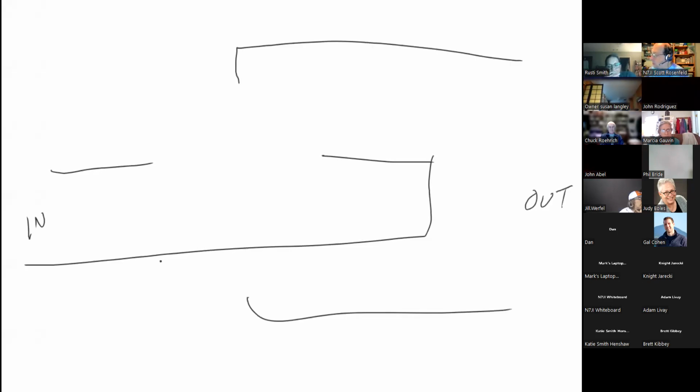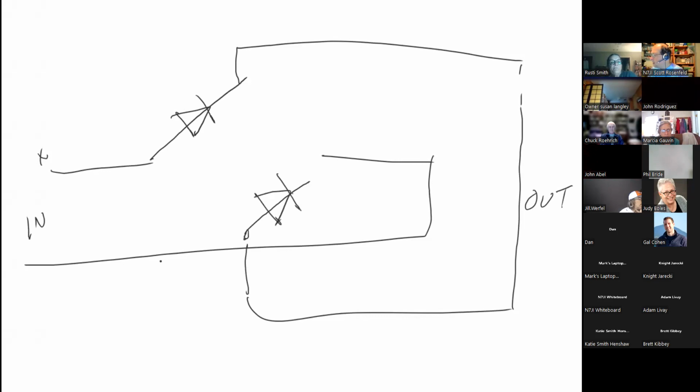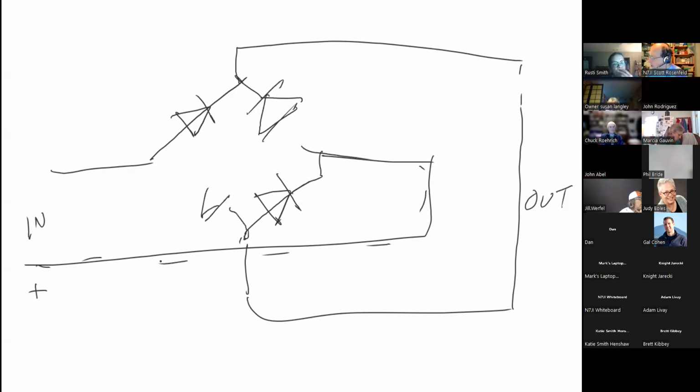And when this went positive, our path would go like this, and then out from here, so our diode looks like that, and then another diode looks like that, and then it goes back to where it started. When the voltage switched, our plus is now over here, and so our path goes through here, and then it comes up through here, and then out and around to here.